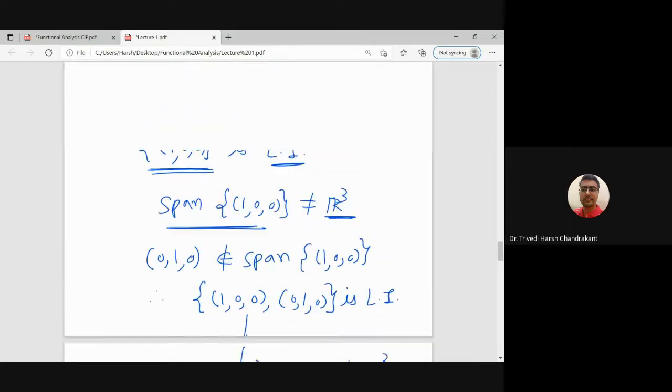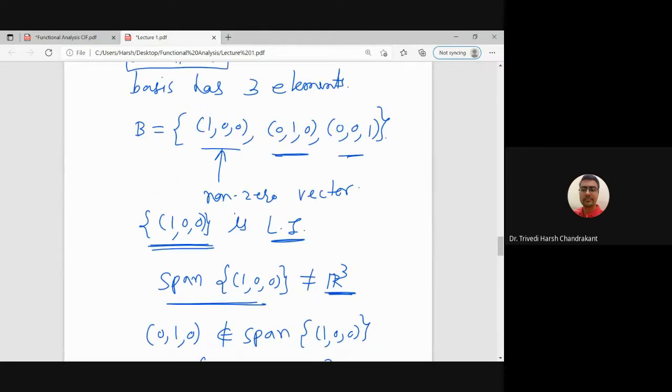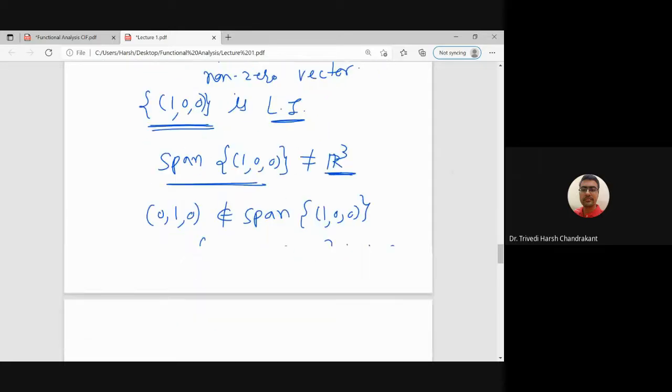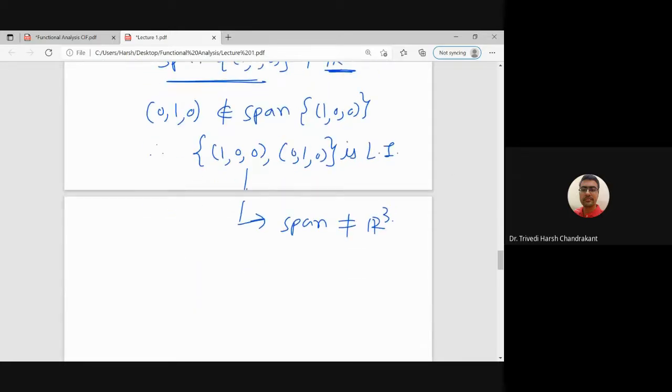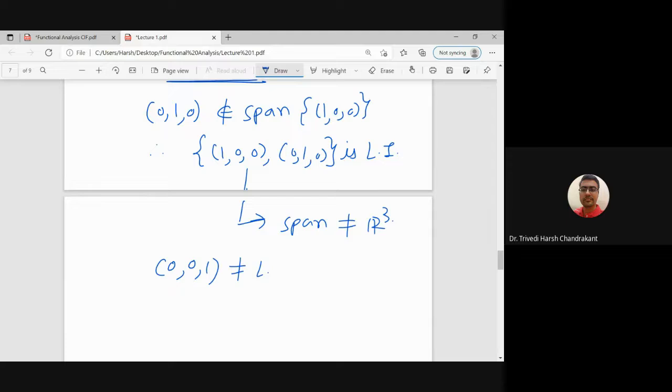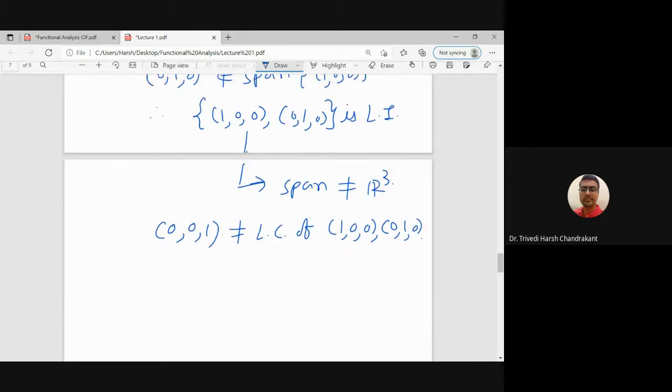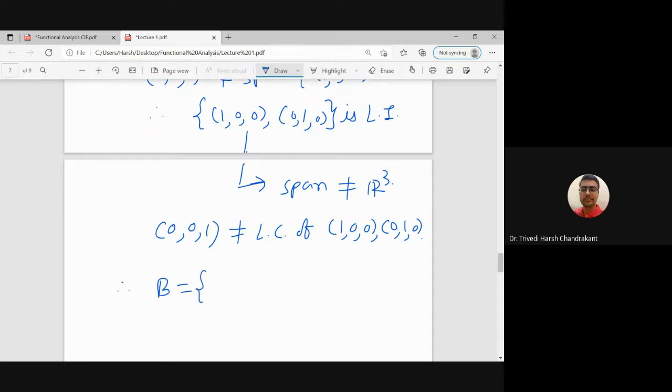Because we already know that (0,0,1) belongs to R3, but we cannot write it as a linear combination of these 2 elements. Then finally we get a set which has these 3 elements.